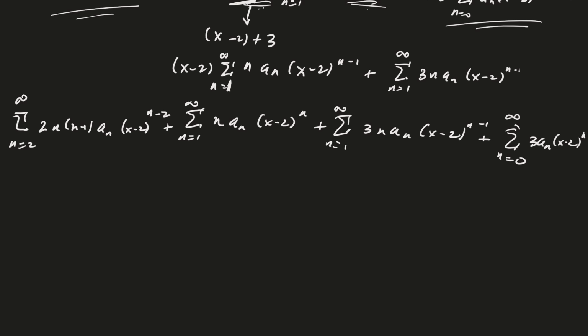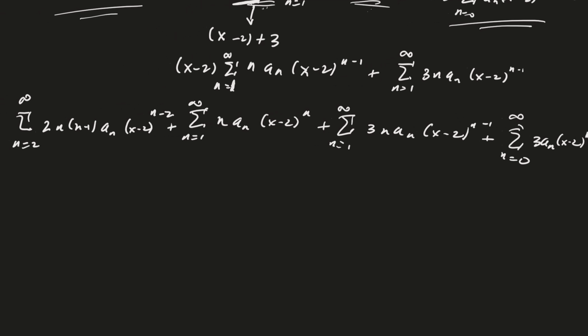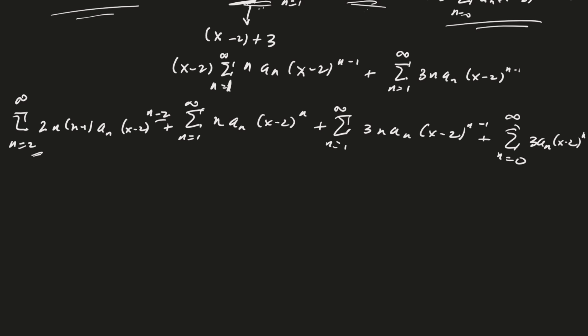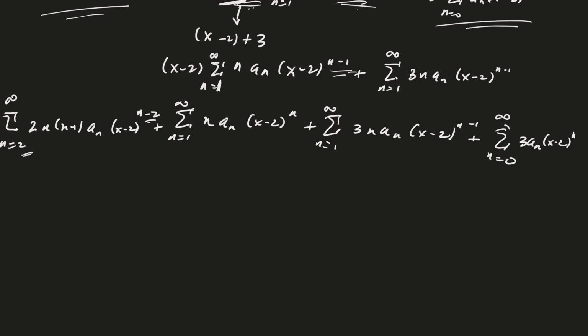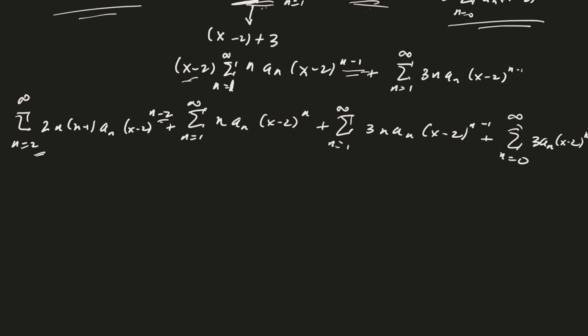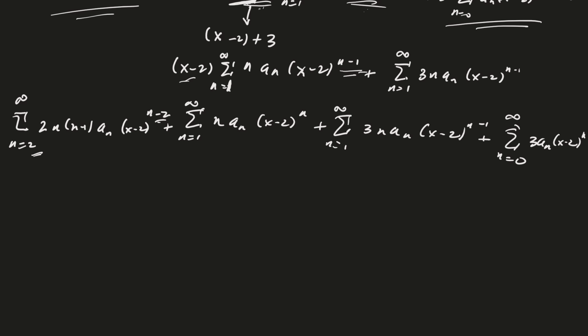Good. Okay, so this starts with a 0 power if I plug in n equals 2, right? This starts with an x minus 2 to the n power. That's not a typo, right? And so I can go ahead and just start this at n equals 0, right? And that, because of this front term, that's not going to change anything. Good. And then this one starts with an x minus 2 to the 0 power, and this one starts with an x minus 2.